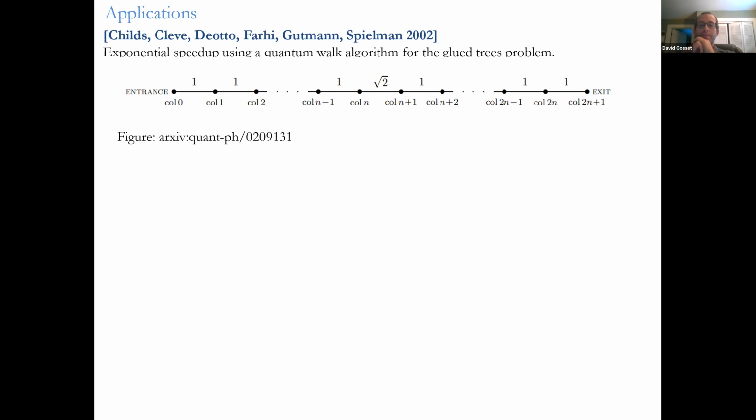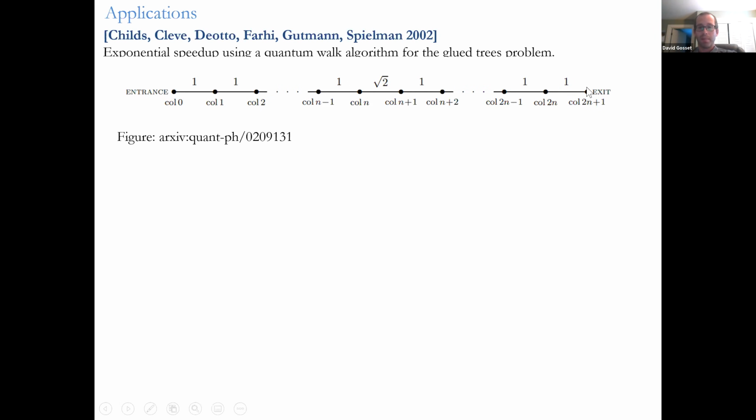If you start in the entrance vertex and evolve with the quantum walk, then you only ever explore a very small subspace of the Hilbert space, and one can show that the time evolution is equivalent to a quantum walk on a line with weights.